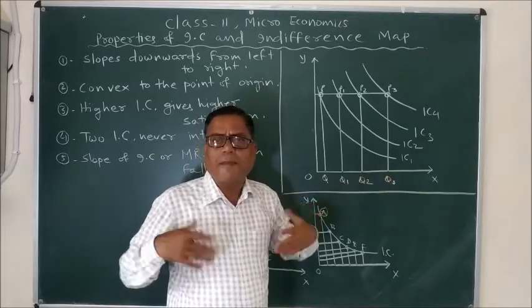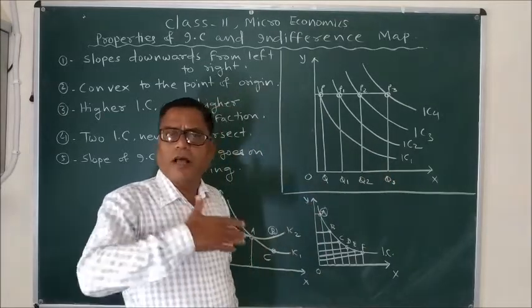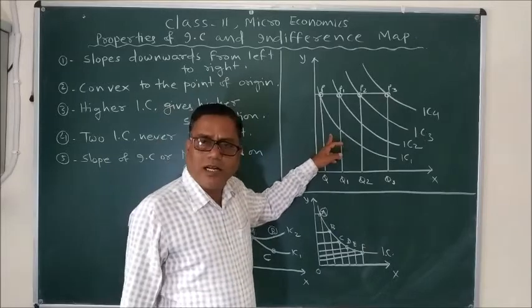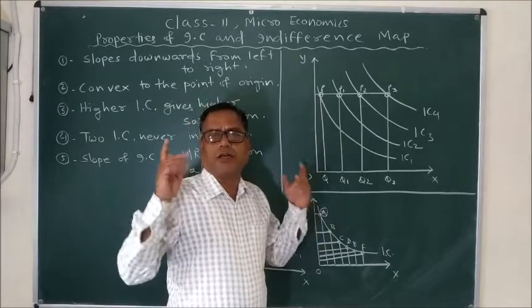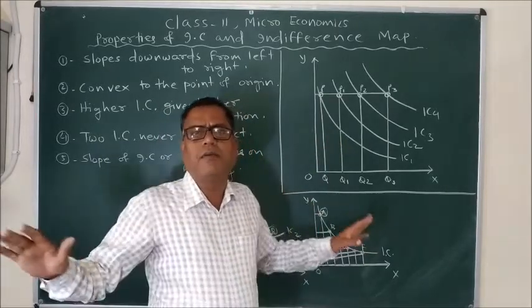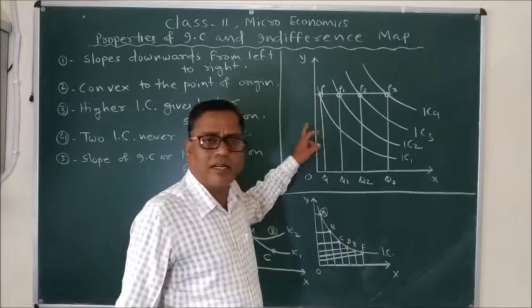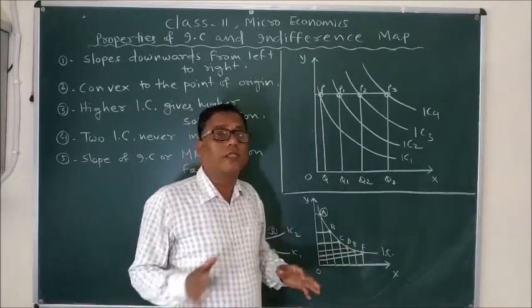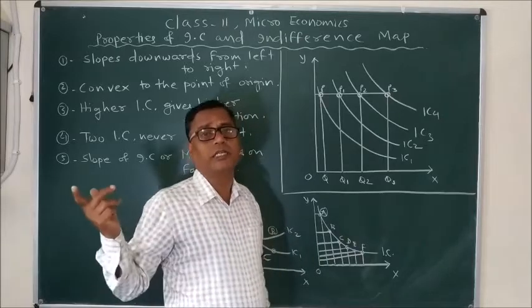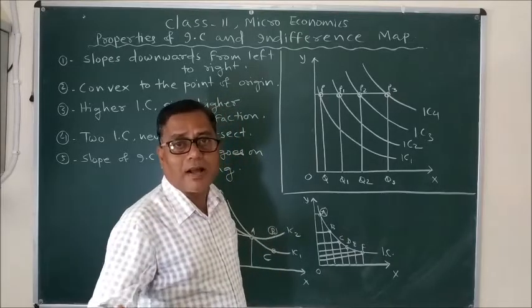And also we have already assumed that while consuming x and y, our consumer is spending all his available income on the purchase of x and y. That means our consumer is not left with any more money to purchase either more of x or more of y.